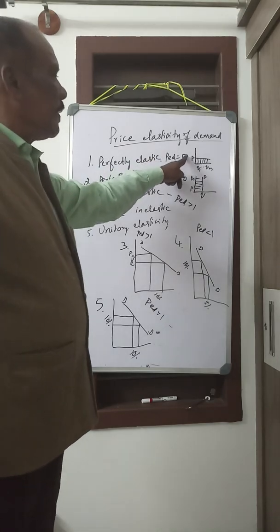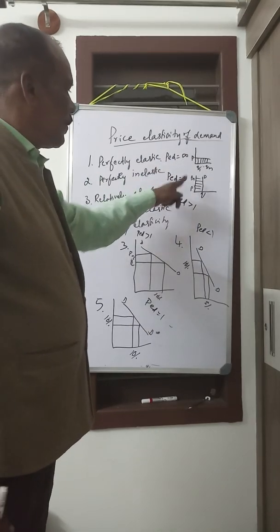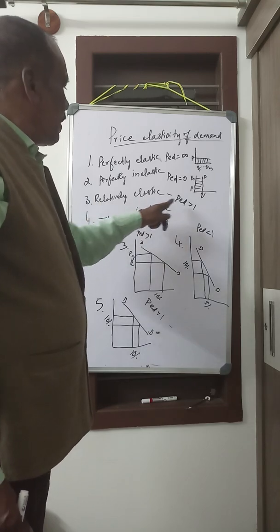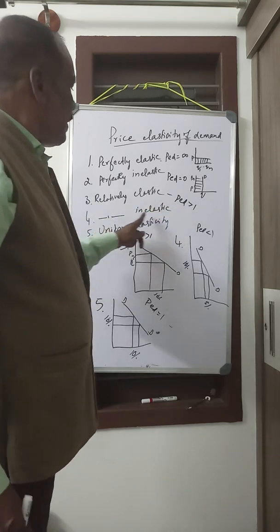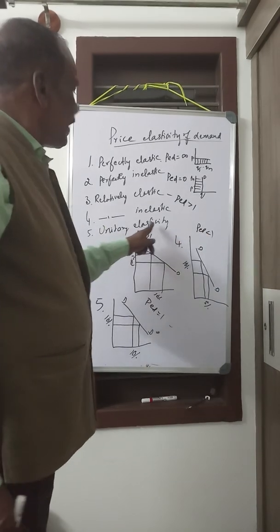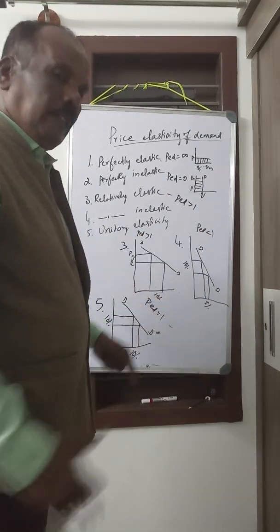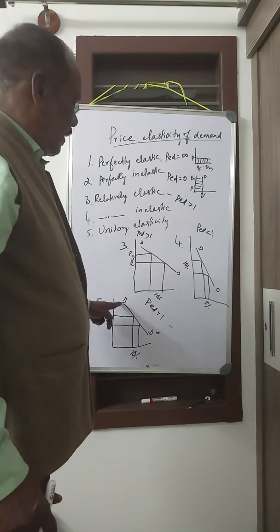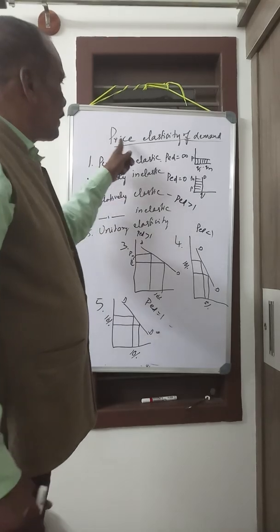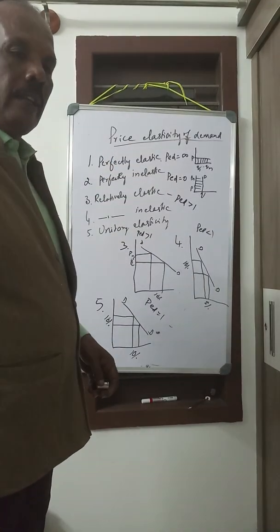So PED is infinite, PED is 0. Relatively elasticity, here PED is greater than 1. Relatively inelasticity, PED is lesser than 1. And unitary elasticity, equal elasticity, that is PED is equal to 1. That's about the price elasticity of demand.